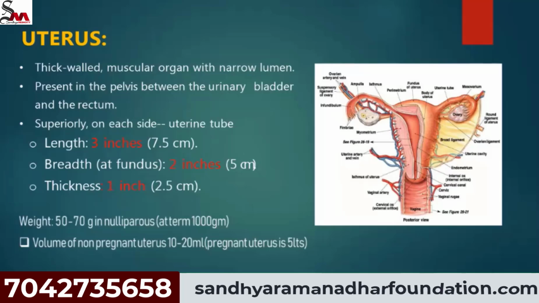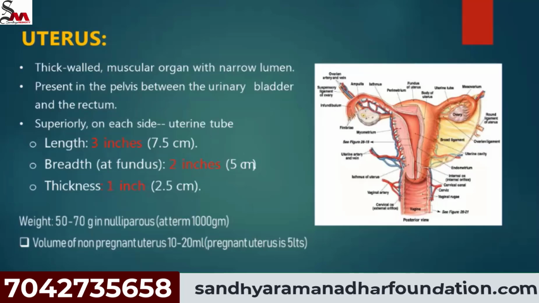So length, breadth, thickness is 3 by 2 by 1.5 in inches. And weight is approximately 50 to 70 grams in nulliparous. Nulliparous means the lady who has never been pregnant.